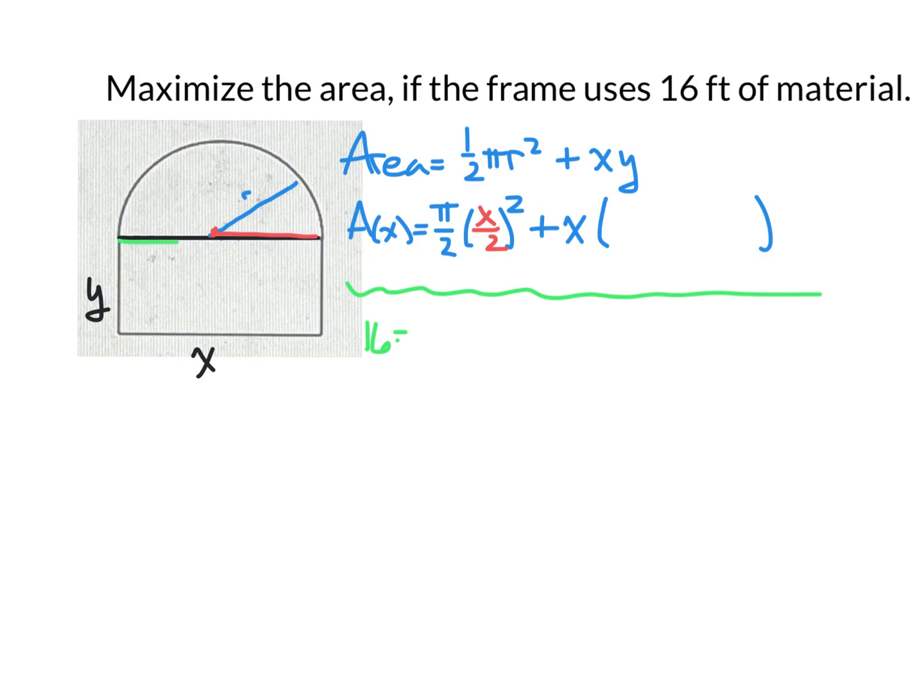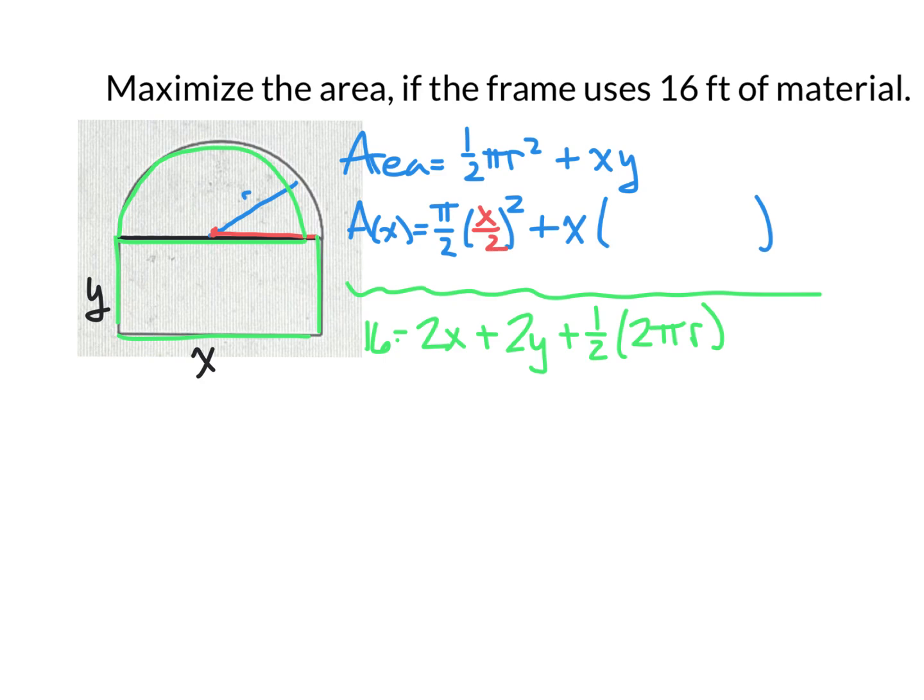Well, in the frame we have both of these x's and both of these y's and this entire semicircle. So the circumference of the semicircle is going to be 1/2 of 2 pi r. Now there's a certain amount of rearranging and substituting and simplifying that we can do to help solve this for y.